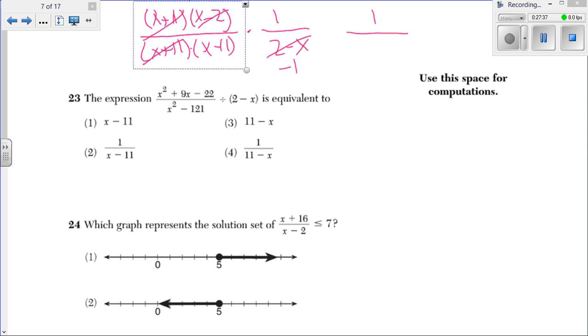So it's 1 over a negative x plus 11, but I don't see an answer that looks exactly like that. So, sorry, that was x minus 11 here. So that would make this plus 11. Negative x and a positive 11 would be choice 4.